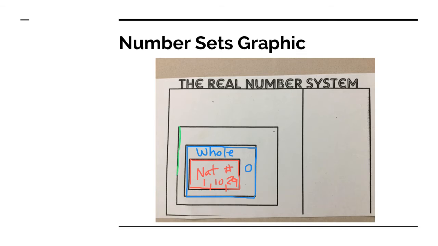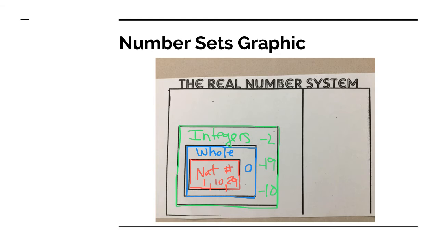Our next set is a little bigger yet. It includes all the natural numbers, all the whole numbers, but it also includes all the negative numbers. So we're going to call these integers. And those would include things like -2 and -19 and -10, as well as all the counting numbers and 0.